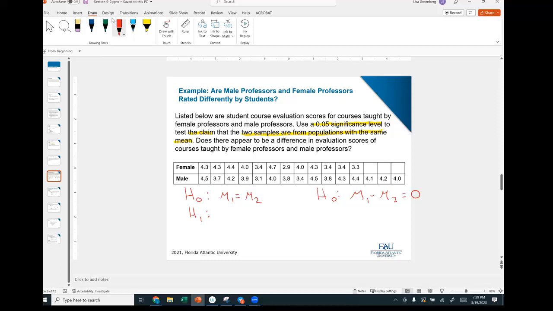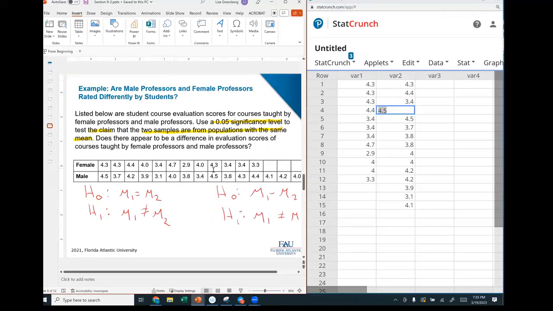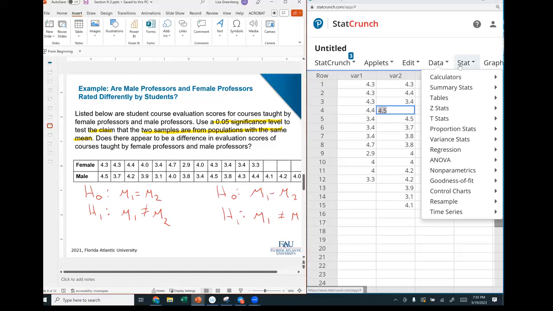These are the same. If they're equal, then if I subtract them, we get 0. Now for the alternative, the claim is that the two samples are from populations with the same mean. So what's the alternative? It doesn't say anything about greater than or less than, so it must be not equal.